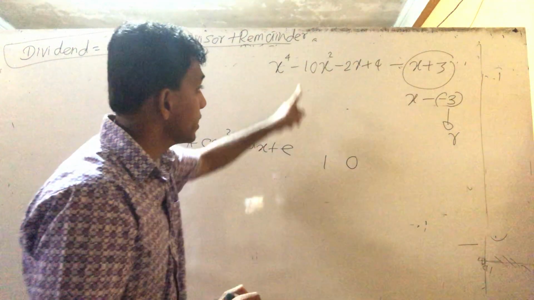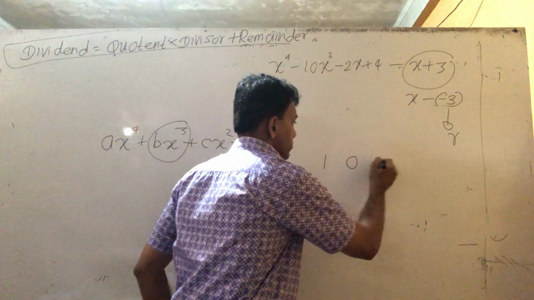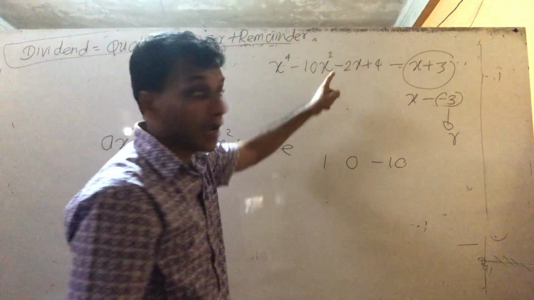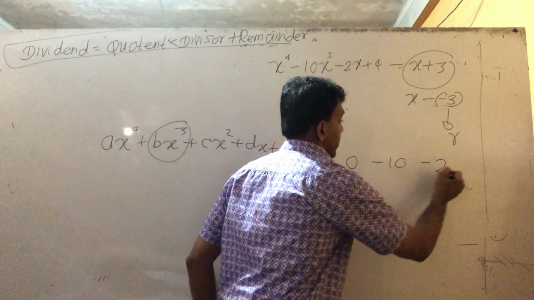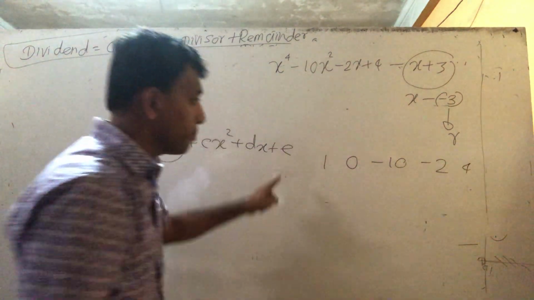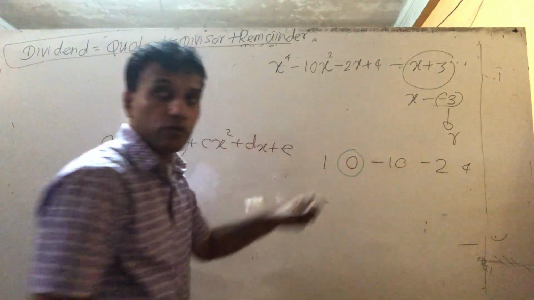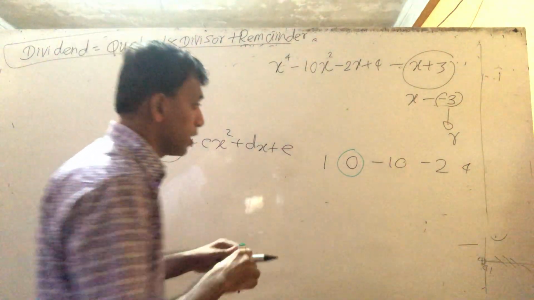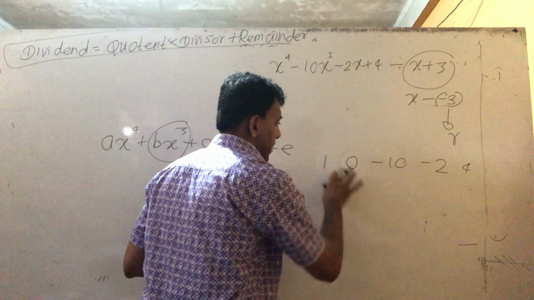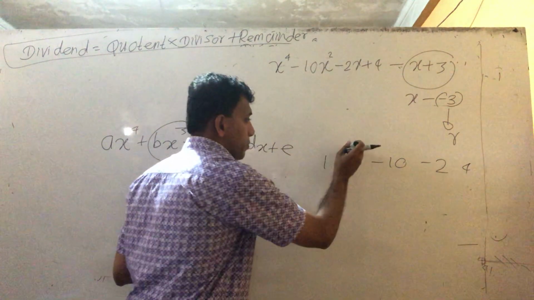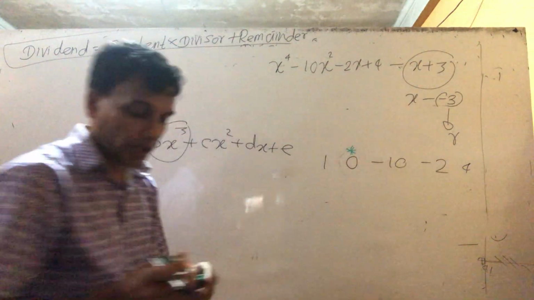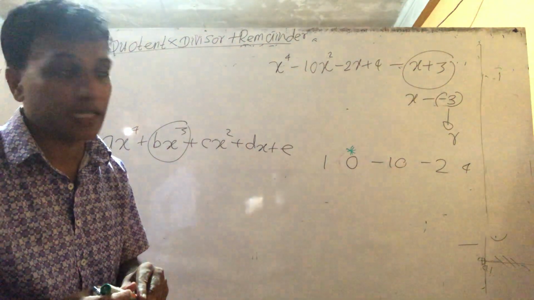Next, minus 10 and minus 2, at last plus 4. Very important, note this 0. The 0 is very important. When using the synthetic method, if a term is not available, you write 0.